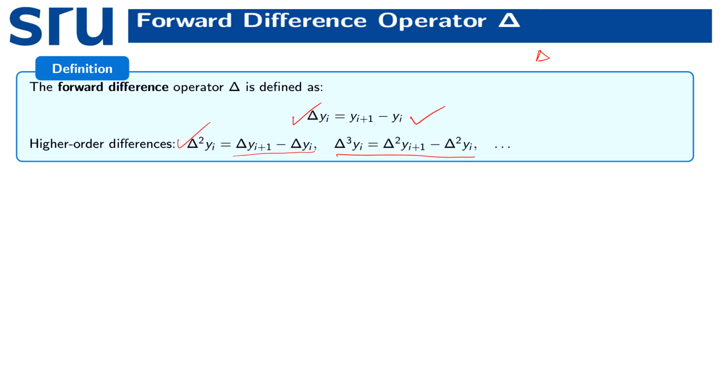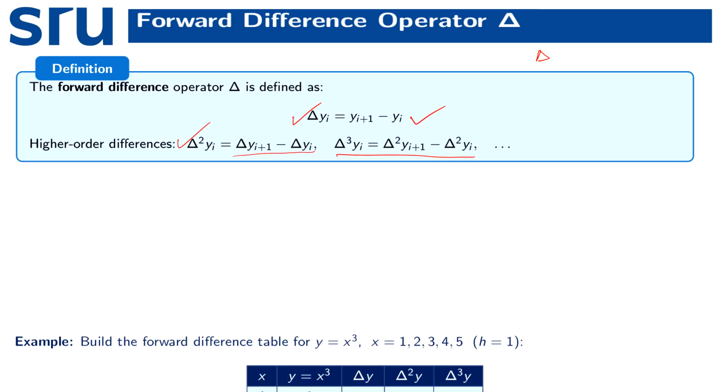Similarly, the third order difference is given by delta cube yi equals delta square yi plus 1 minus delta square yi. So basically this process continues like that. Now we have the first difference, the difference of original values; the second difference, that is differences of first differences; and the third differences, differences of second differences.